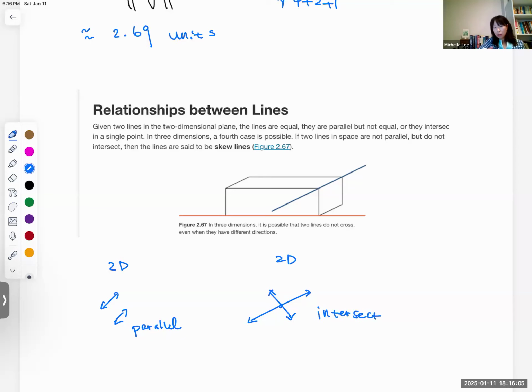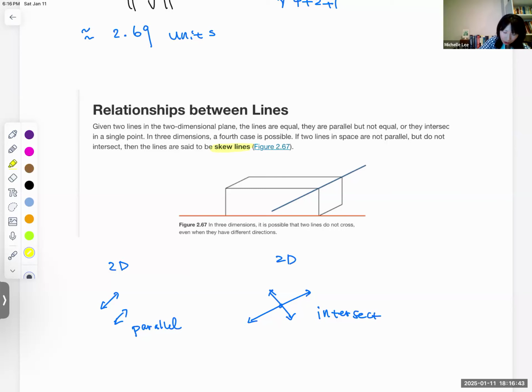But then in 3 dimensions, we have two lines that look like in 2 dimensions. Think about in 2 dimensions: if the lines keep continuing, then they intersect eventually, right? But in 3 dimensions, they never meet. Can you see that? We call these lines skew lines.